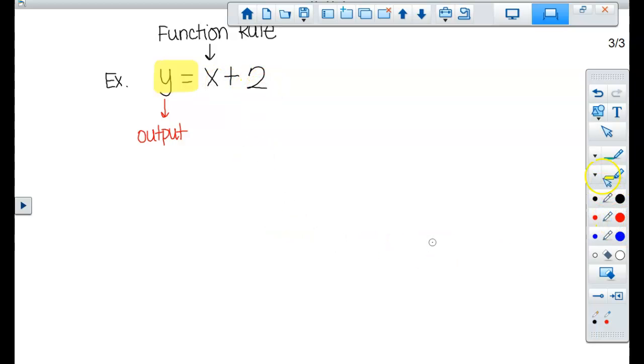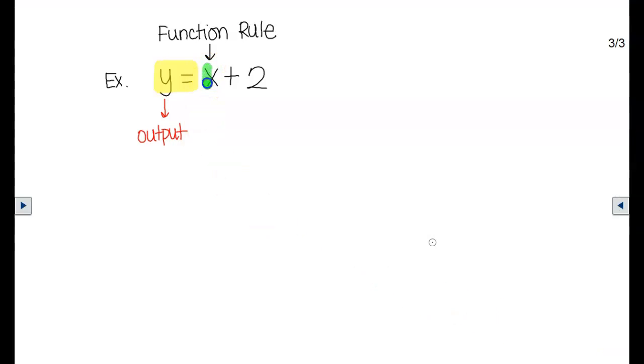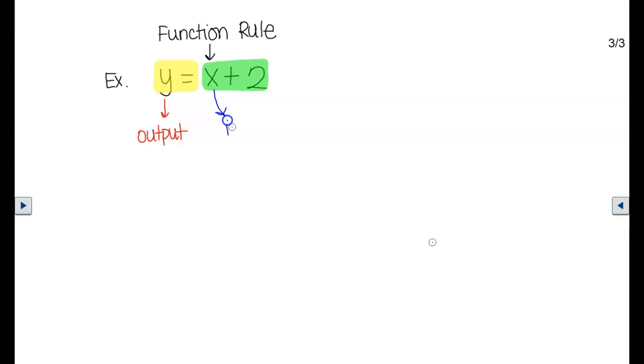On this other side we see x plus 2, and that x is the input. Remember what I said a second ago: these function rules tell you how x is connected to y.